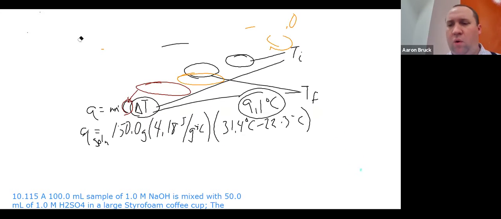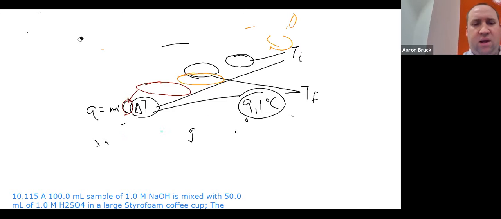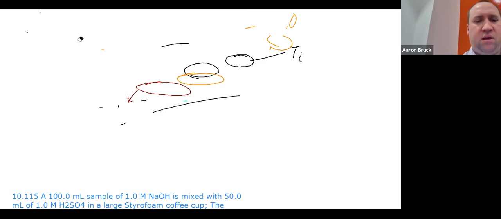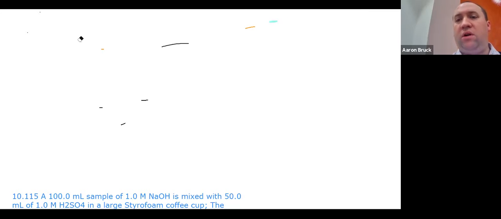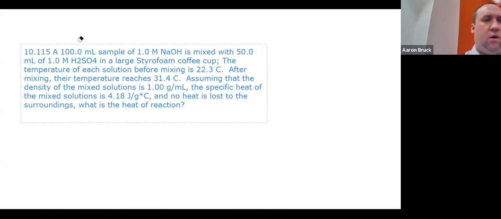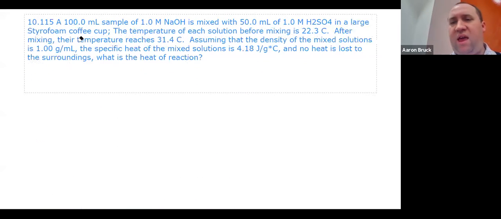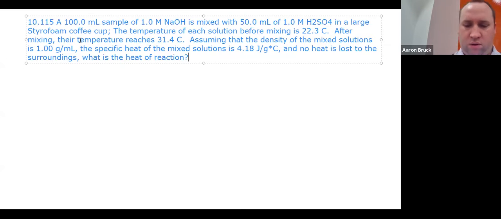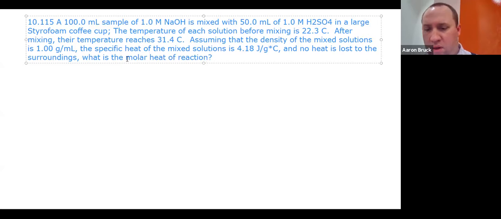So what if we were asked about the molar quantities? What if we wanted to know the molar heat of reaction here and not just the heat of reaction? Well, if we were asked that, then we have to get into some more specifics.